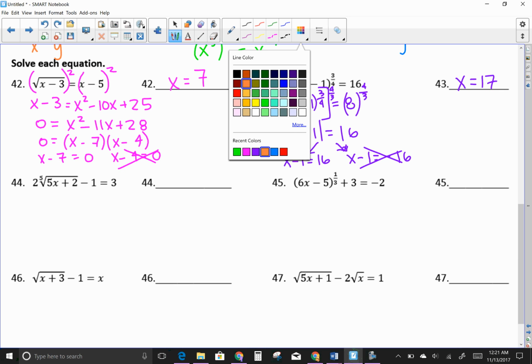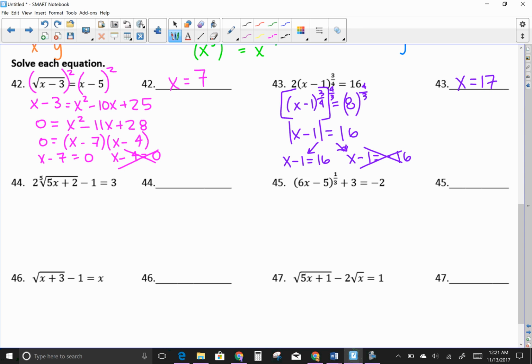We have another radical, and this is to the 5th power. So again, I have to get that radical all by itself. So first I'm going to add 1, so that's going to give me 2 times the 5th root of 5x plus 2 equals add 1, 3 plus 1 is 4. Then I have to divide by 2. So that is the 5th root of 5x plus 2 equals 4 divided by 2 is 2.